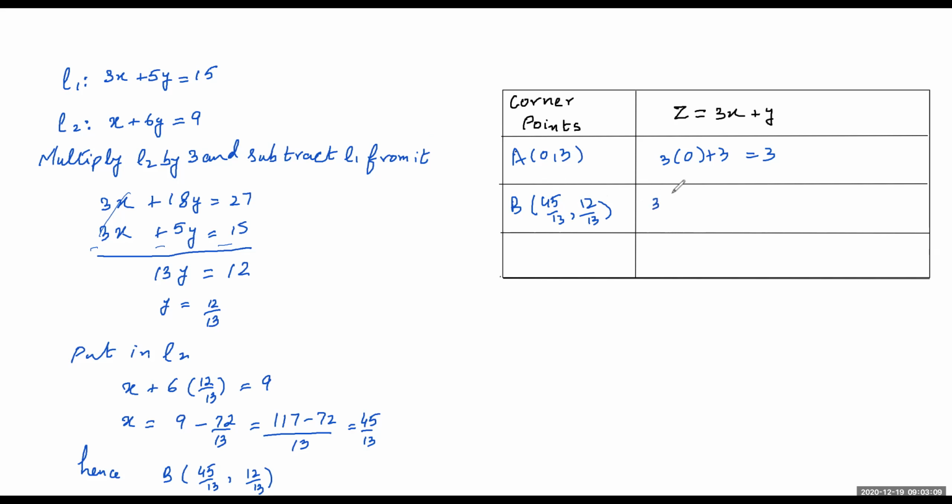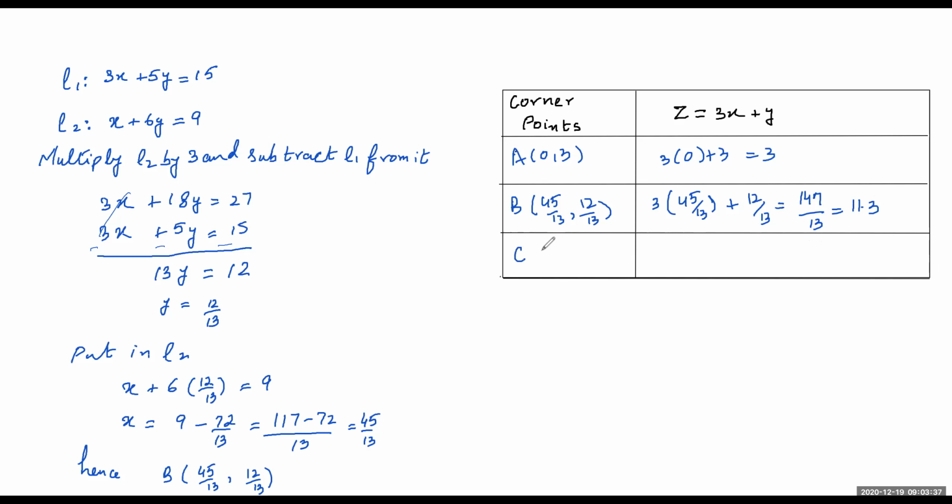So I'm going to put x equals to 45 by 13 in it, and y equals to 12 by 13. Perform simplification. As a result, you are going to get 147 by 13. Perform this simplification by yourself. 147 by 13 is equal to 11.3 approximately.